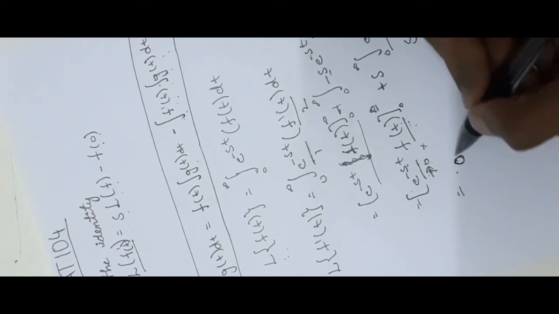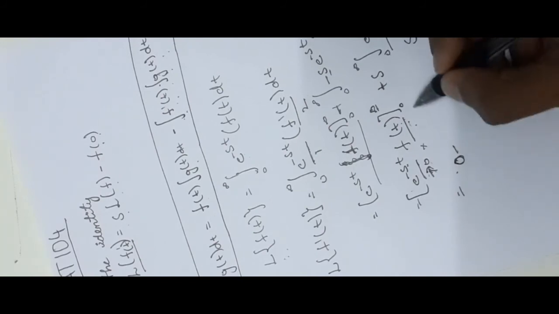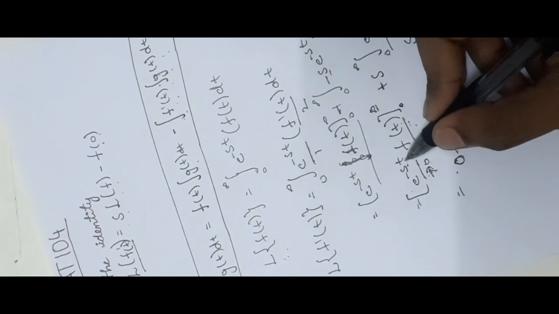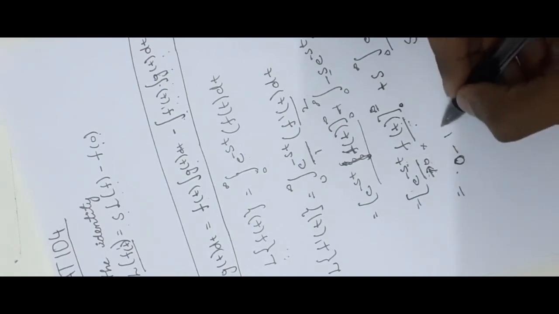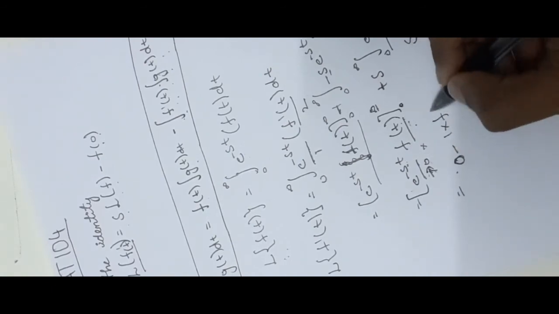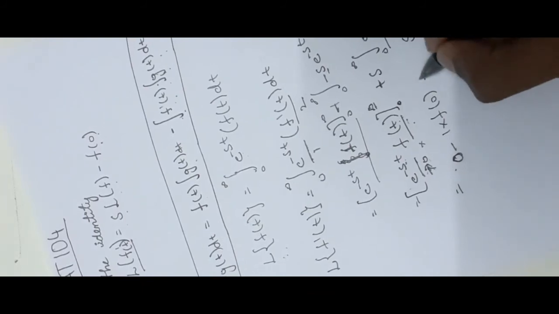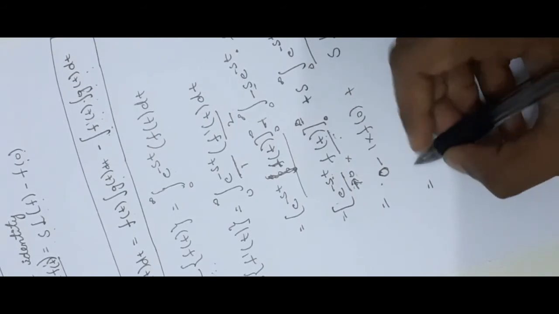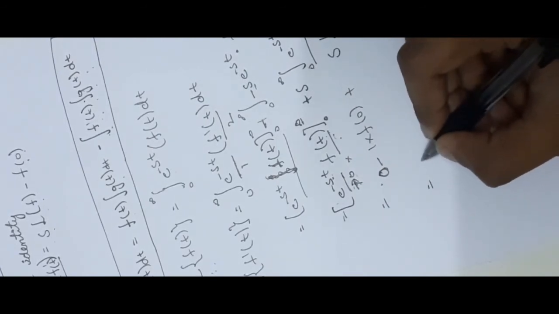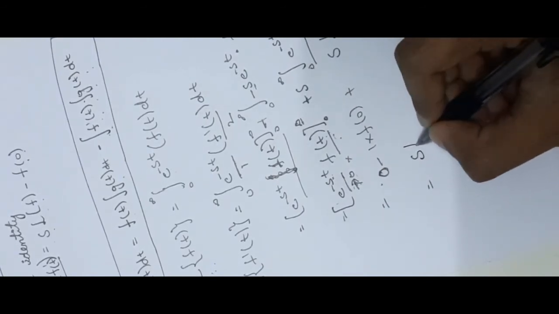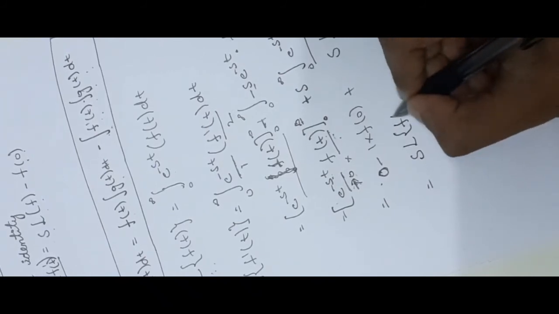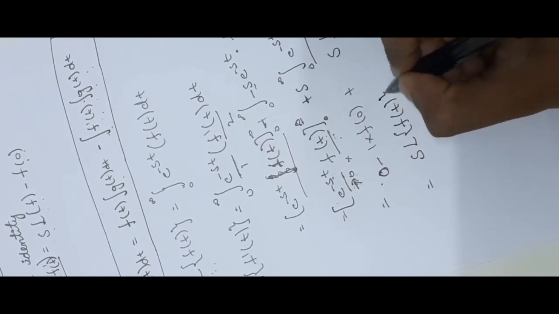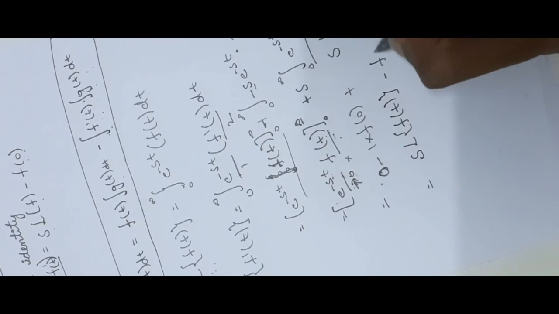For now I'm taking it as 0, as most of the cases satisfy this condition. Minus applying the lower limit now: e to the power minus s into 0 would be 1, into f of 0. So I'm writing this again by rearranging the terms: s into Laplace of f of t minus f of 0.